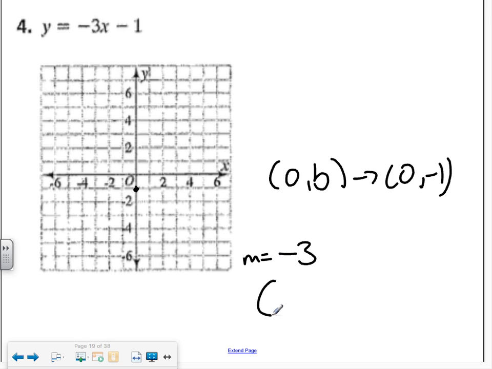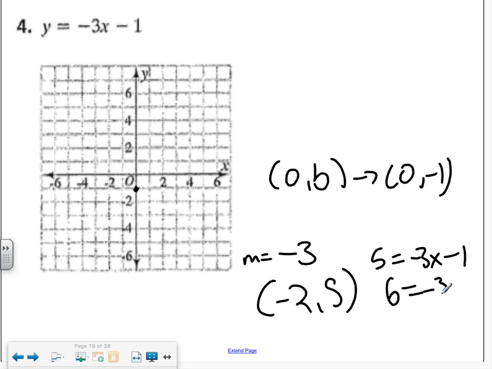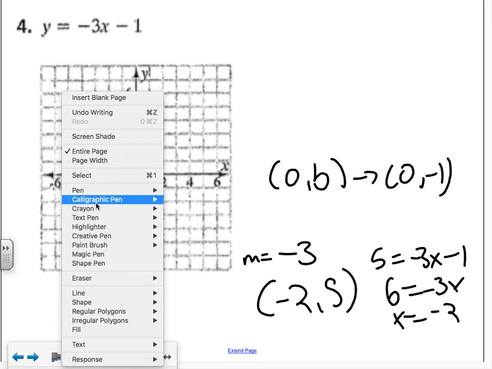I picked the point -2, 5, because when y is 5, right, we get -3x minus 1, 6 equals -3x, x equals -2. So if I go to the point -2, 5, all right, and then I connect them.